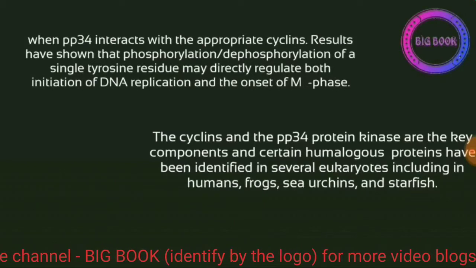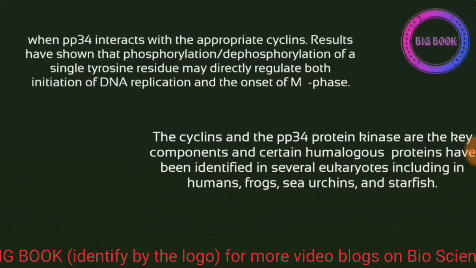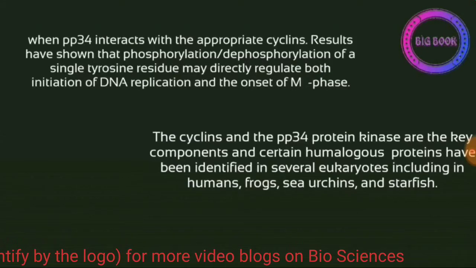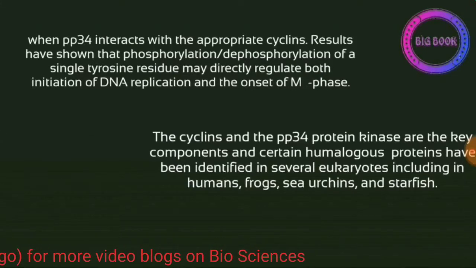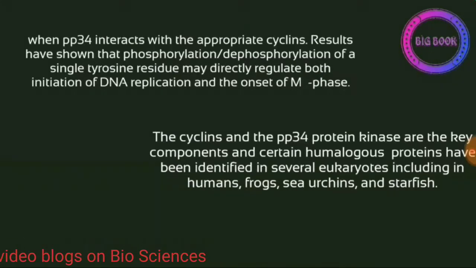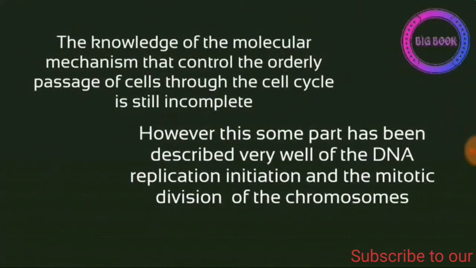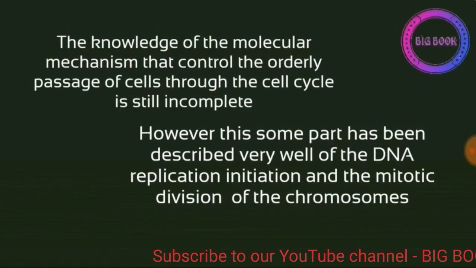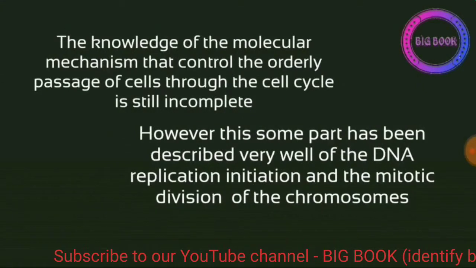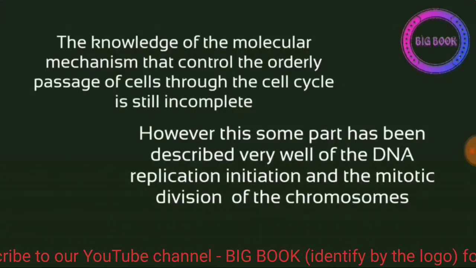The cyclins and the p34 protein kinase are the key components, and certain homologous proteins have been identified in several eukaryotes, including humans, frogs, sea urchins, and starfish. The knowledge of the molecular mechanism that controls the orderly passage of cells through the cell cycle is still incomplete.